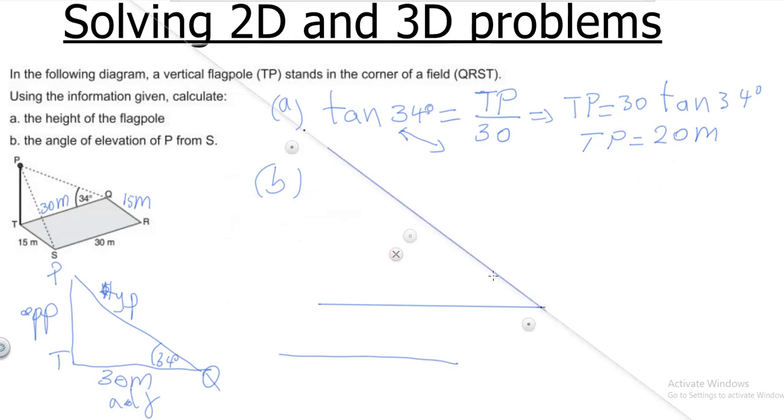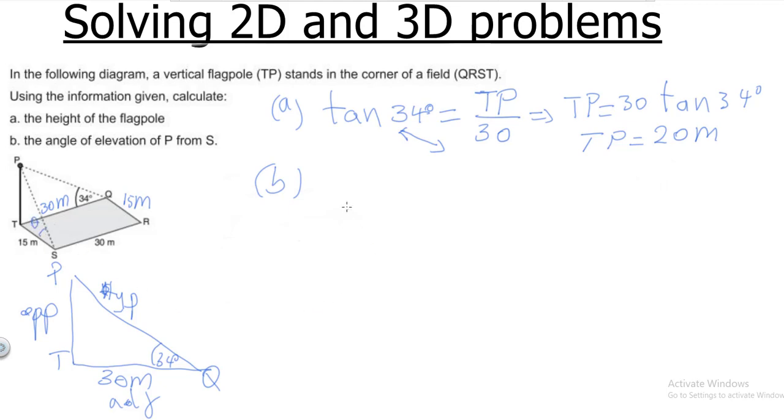So the angle of elevation, if we touch here, is 37. So this angle is 37 degrees. So from the ground we go up there. That is the same question they are asking us here. The angle of elevation, in this case we can call it theta.